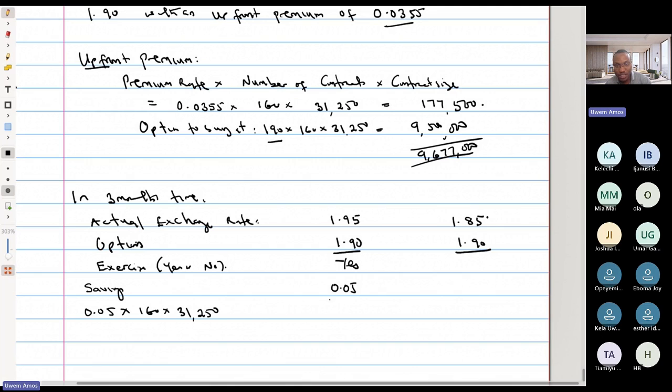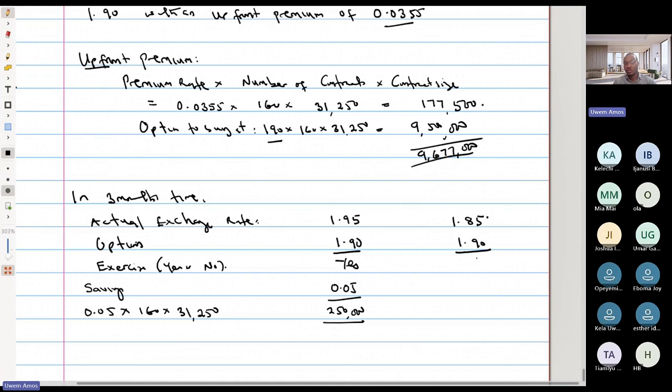So how much would you save your company based on the option you went into? So the 0.05 is 1.95 minus 1.90, please. That is 0.05. So that's 0.05 multiplied by 160 multiplied by 31,250. So how much will you save your company? 250K.